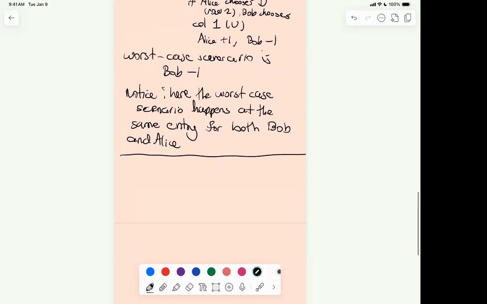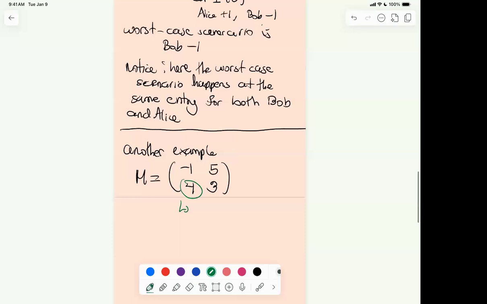Okay, so if you take another example, something like this, then in this case, I think this should be the worst case where the worst case scenario for Alice happens.